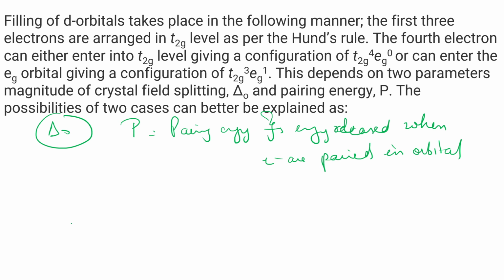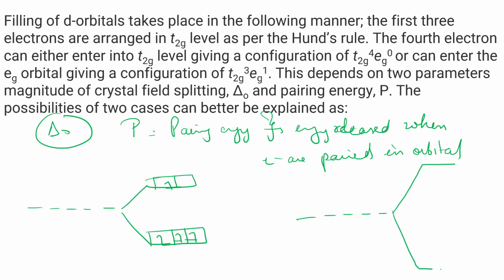As I told in the case of d4, the filling could be done two ways: 1, 2, 3, 4, or 1, 2, 3 and 4. All 4 in t2g, or 3 in t2g and 1 in eg.